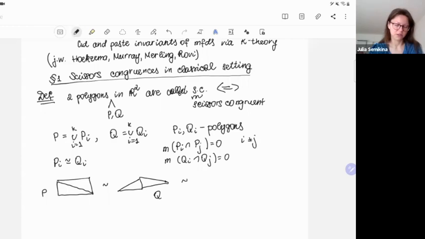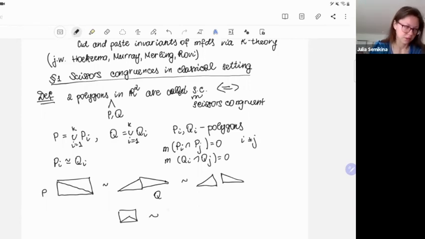No one said that this should be convex or connected, so this is also congruent just to a disjoint union of two triangles. More examples, something like this. So this is congruent to, and then we pass this triangle. So these are all examples of Caesar congruent polygons.